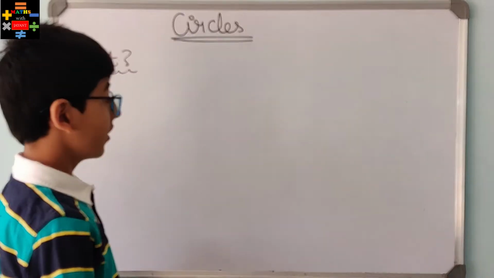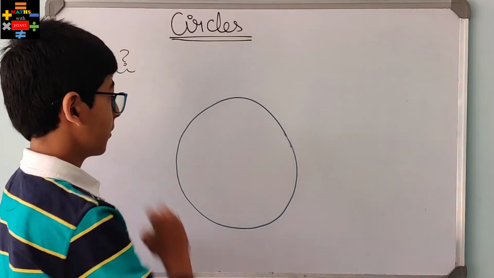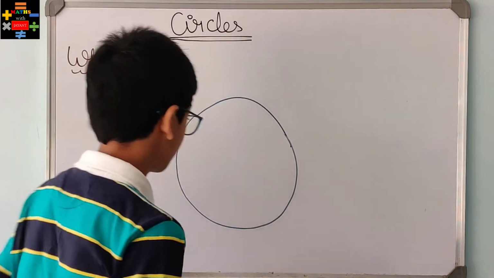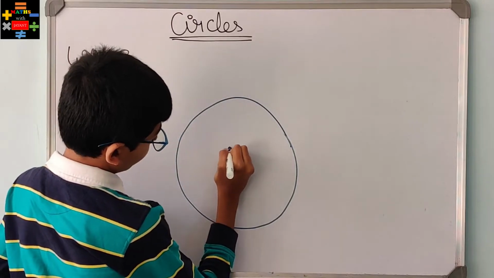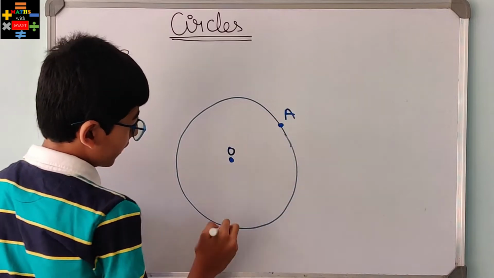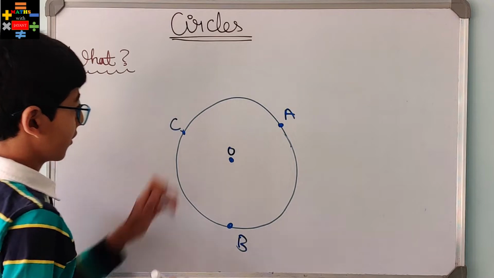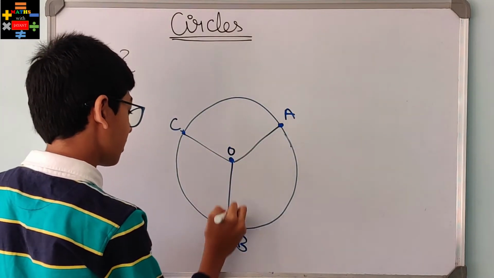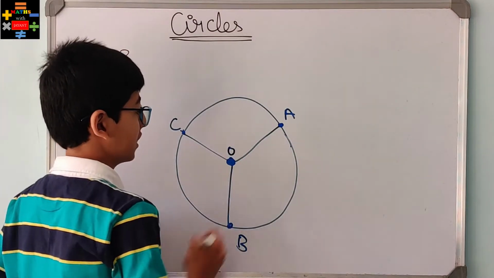A circle is a 2D round figure, but it will only be a circle if there is a point over here. Let's name it point O. If I take a point A, a point B, or a point C on this boundary, all should be equidistant from the center point, which is O in this case.